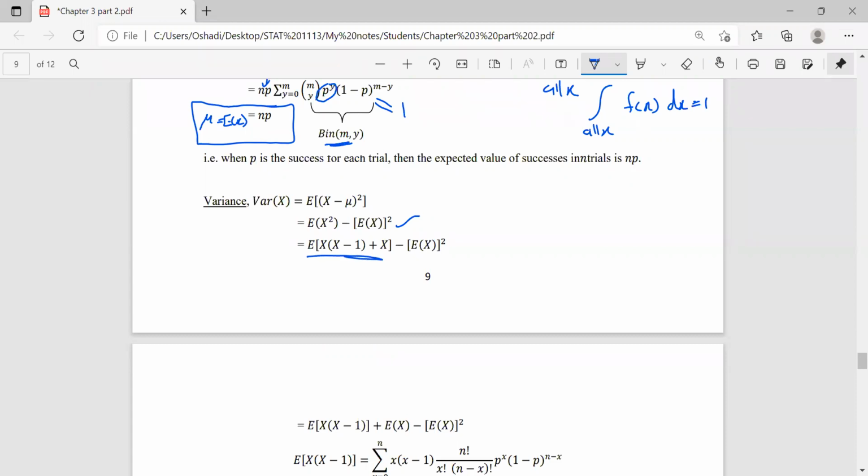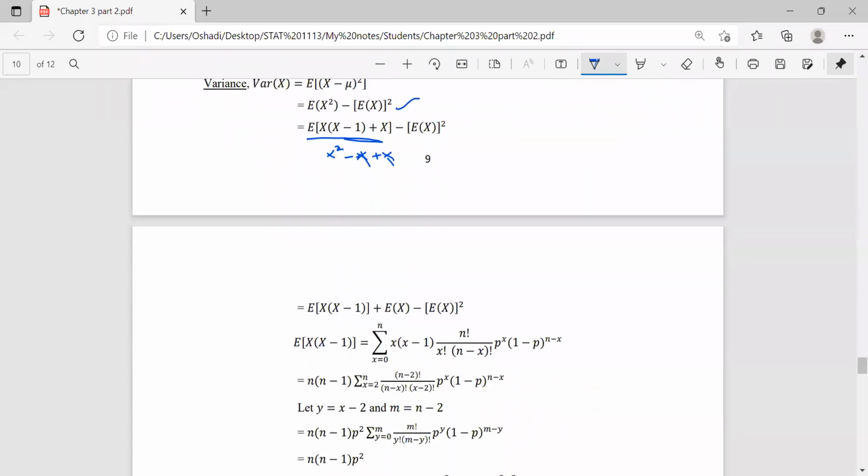So there is no problem, right? Here x squared minus x plus x, so those things cancel out. The remaining part is x squared, right? So x squared can be written using that expression, right?